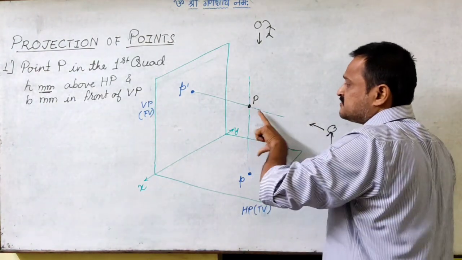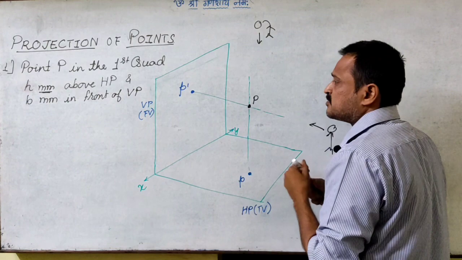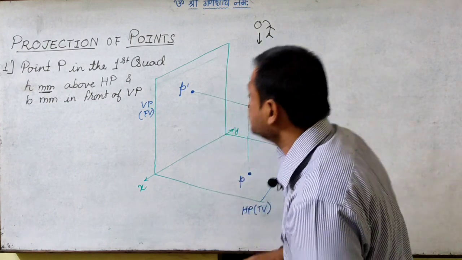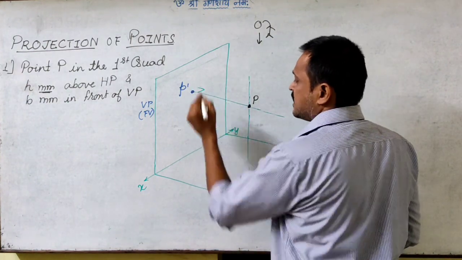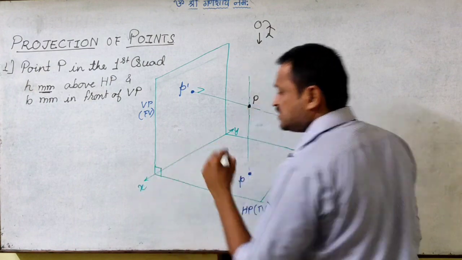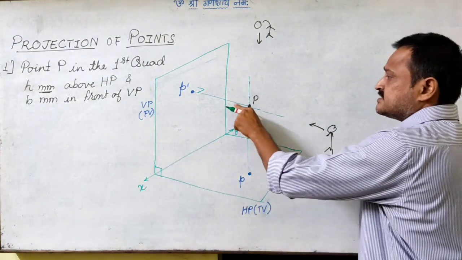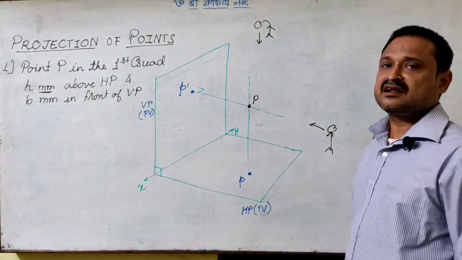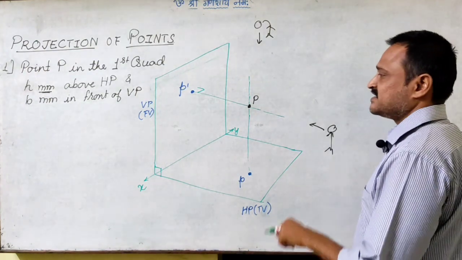And if the horizontal plane is perpendicular to the vertical plane, then this projector is definitely parallel to the horizontal plane, right?